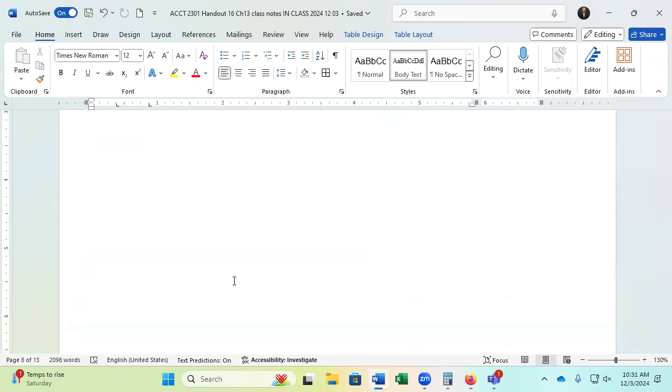Okay, so what you should do now is go to the back page of your handout, and you should carefully pull off that back page. Then go back to pages 7 and 8.